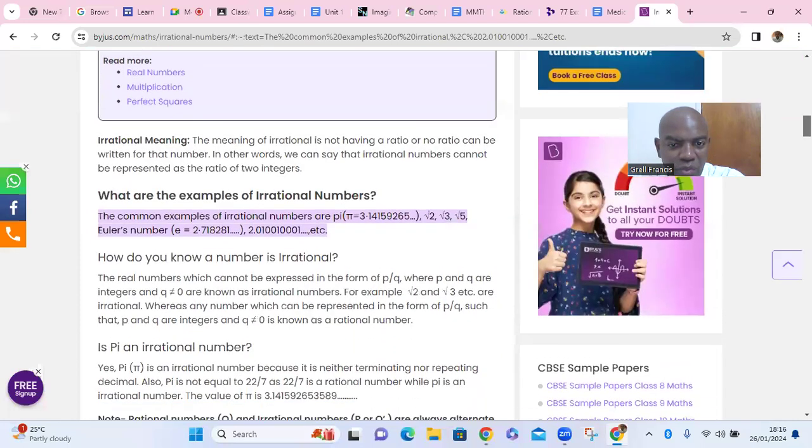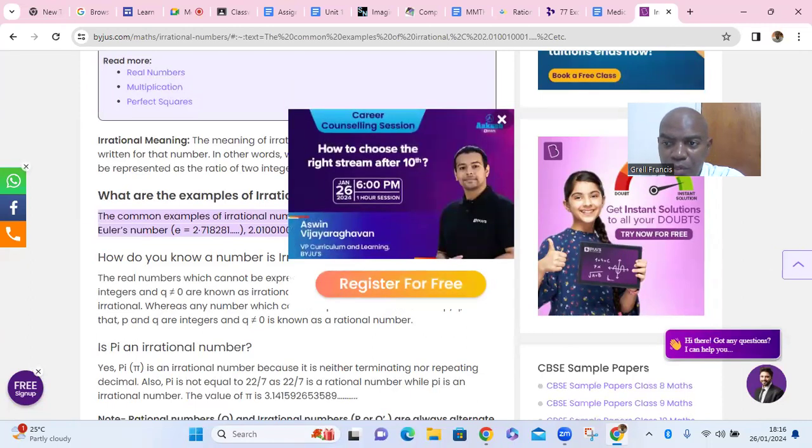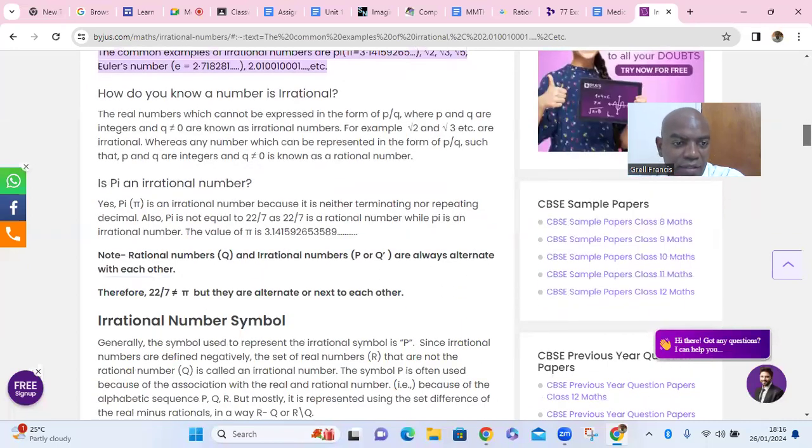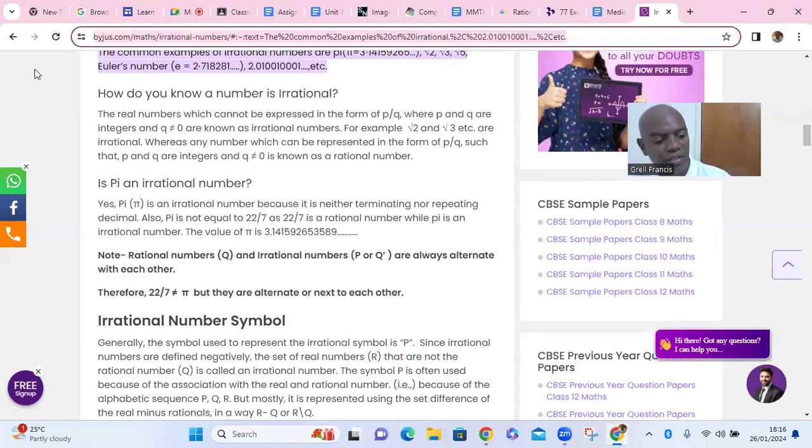There's a website about it: square root of 2, square root of 3, square root of 5, e and pi. Okay, these are irrational numbers. Here it is. It's a nice website. I hope this is the one I included for you all.